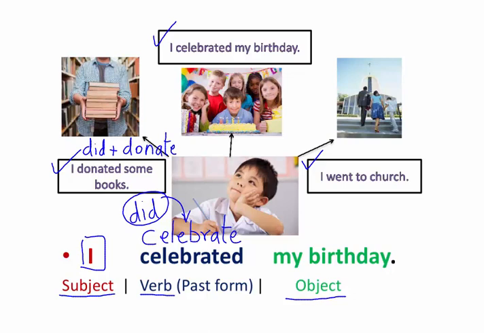I went to church. So went has two parts. One is did plus go. The past form of go is went, right? So did plus go.